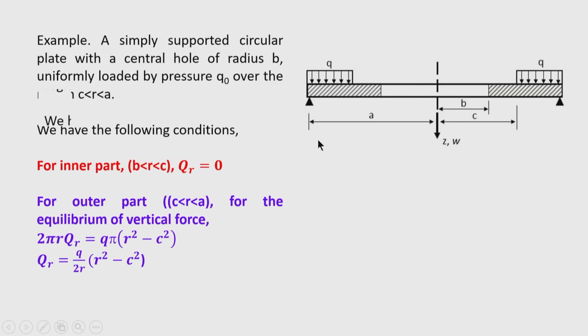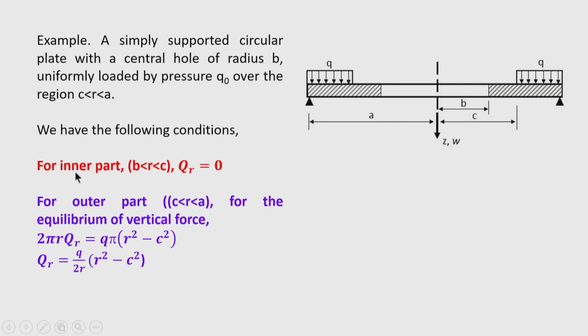Now, here we have to obtain the solution in two cases. That means, first we have to get the solution for the inner region and then the solution for the outer region. The inner region I am calling that region where no load is acting, and the outer region I am calling the portion where the load is acting.